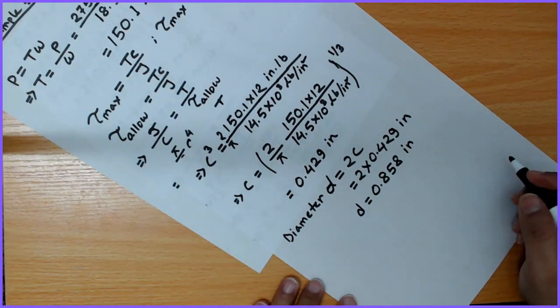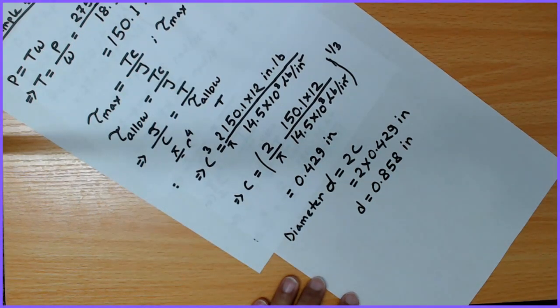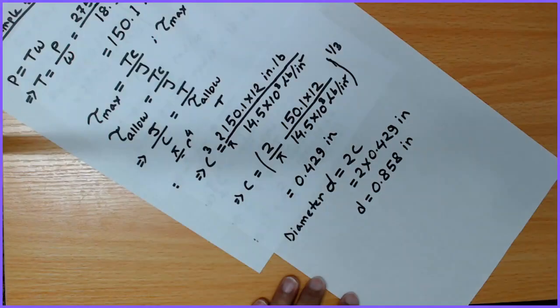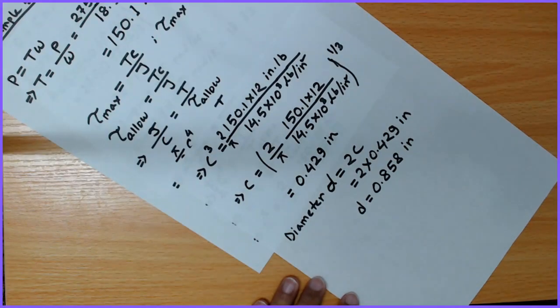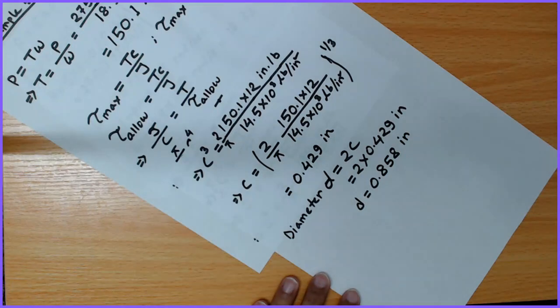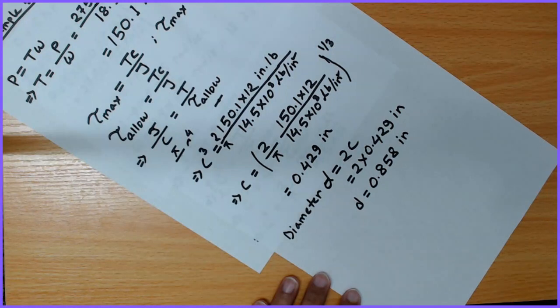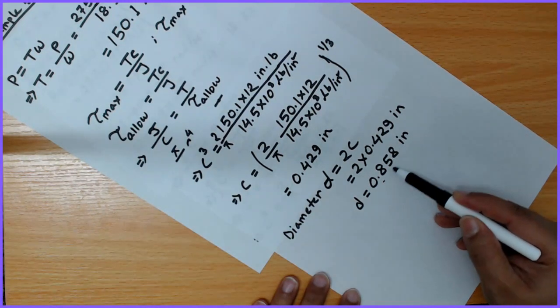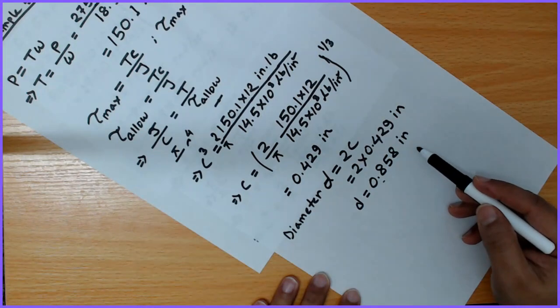Now the question says determine the required diameter of the shaft to the nearest 1/8 inch. Let me explain this one. When you want to buy some rod with a specific dimension, in the market you will not get exactly the same dimension, 0.858.